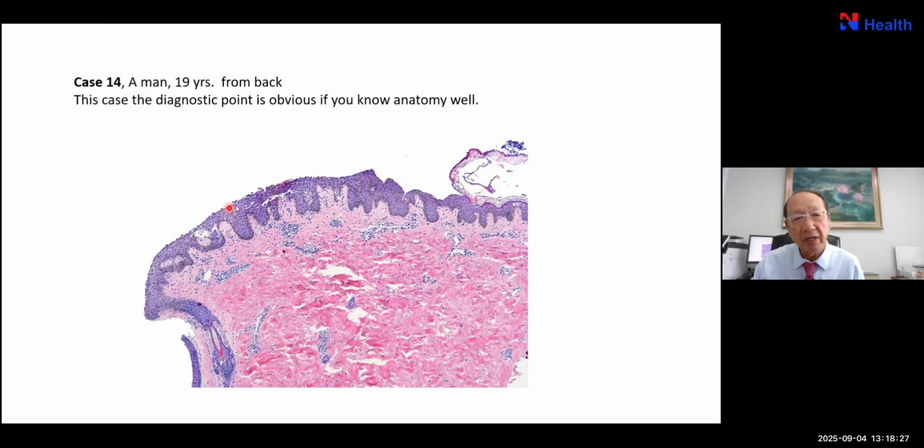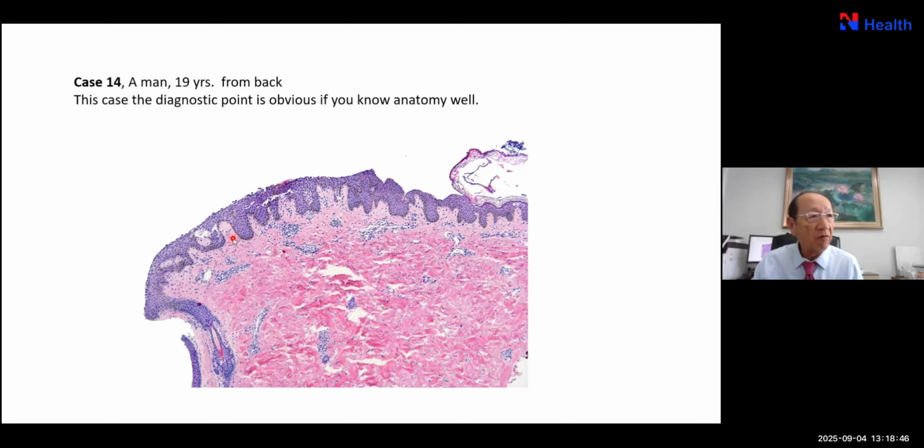There is an antibody to the intercellular substance at this area. This is in the spectrum of pemphigus, an immunological disease against the intercellular substance.